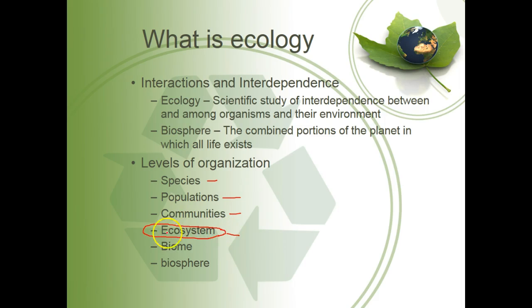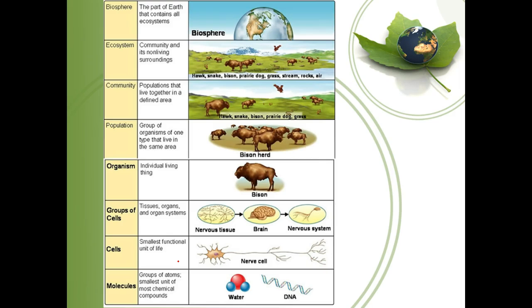When you put individual ecosystems together, you get a biome, and when you put a bunch of biomes together, you get a biosphere. So individual organism, a bunch of that individual organism, multiple populations of various organisms, multiple communities with abiotic or non-living factors, a bunch of ecosystems together, a bunch of biomes together, and then biosphere is ultimately part of the Earth.